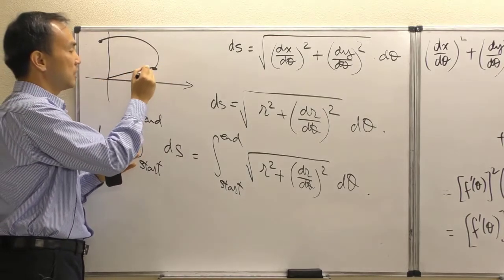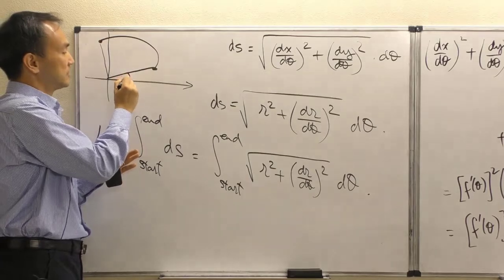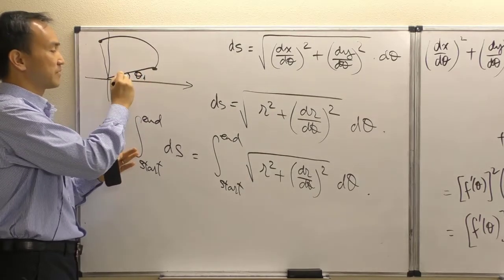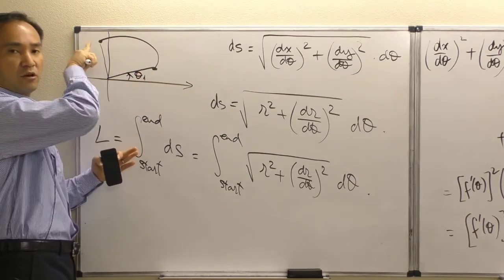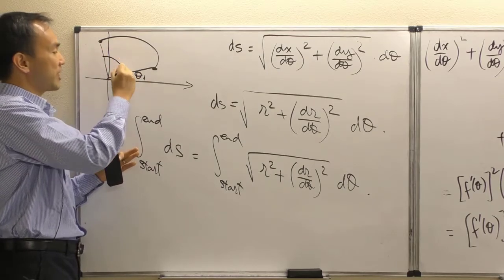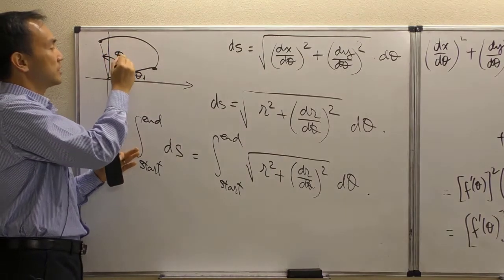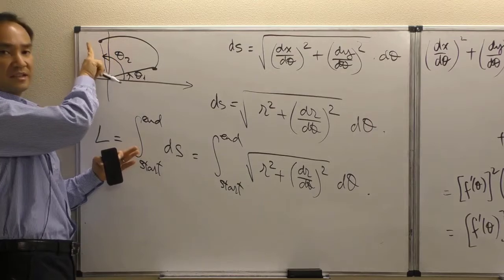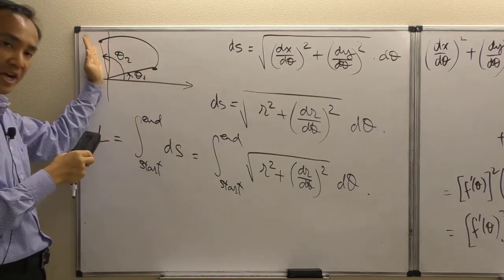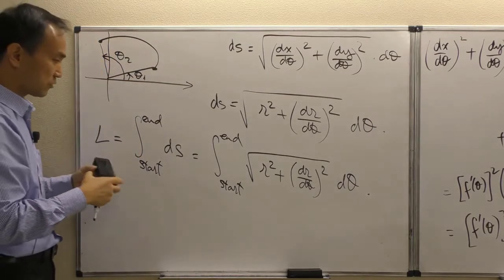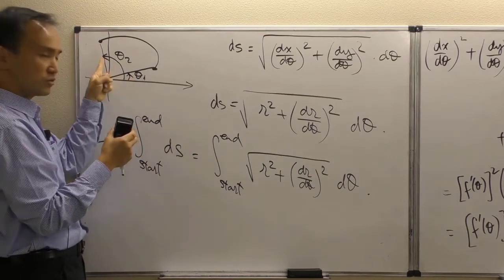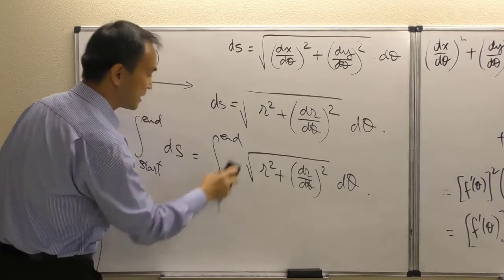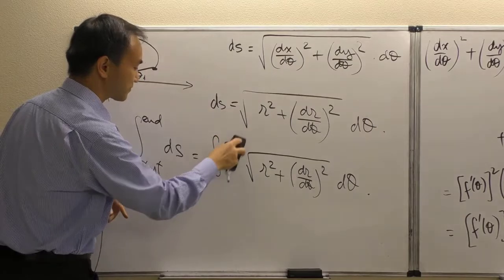So some smaller angle theta 1 is here. Positive direction is counterclockwise rotation, and then a larger angle theta 2 is here, where it reaches that other terminal end. That means we can use some theta 1 to some theta 2 as the start and the end of our accumulation.